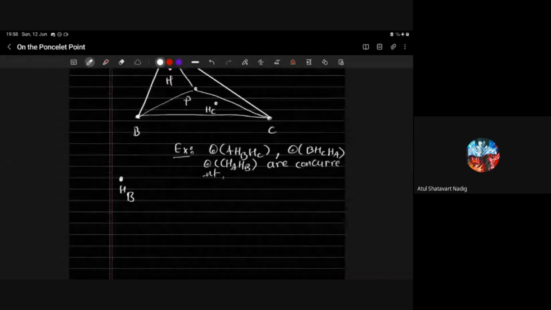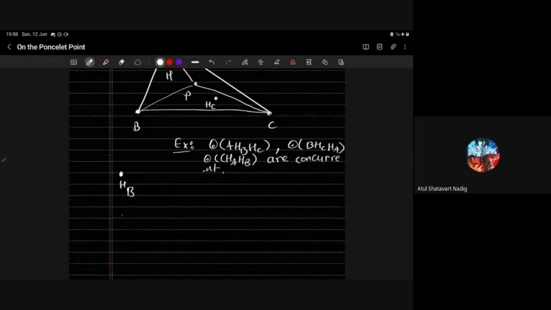Okay, now we'll come to the main theorem for this thing. Cyclic centroids.